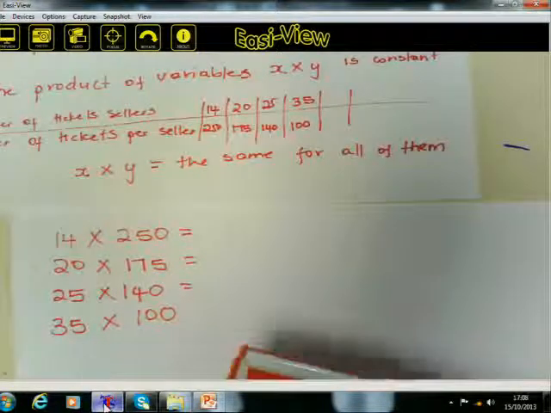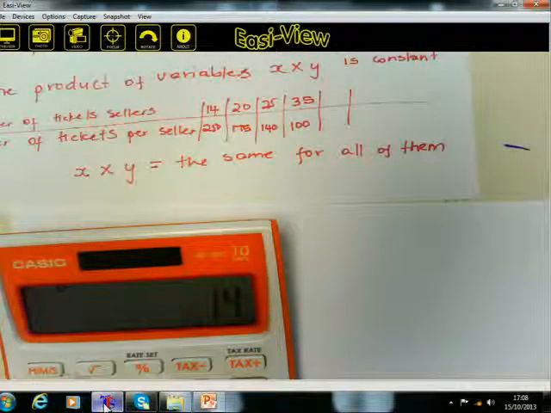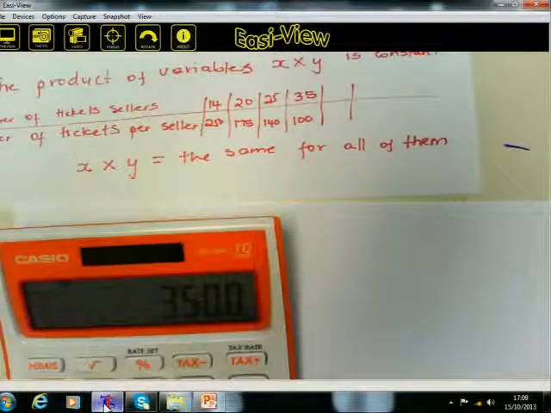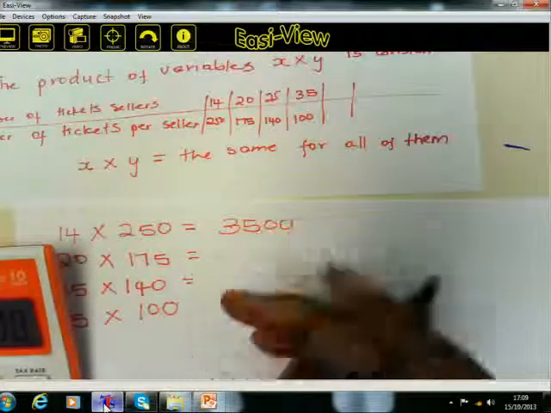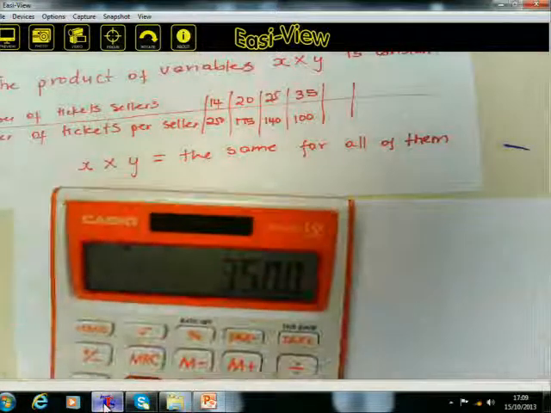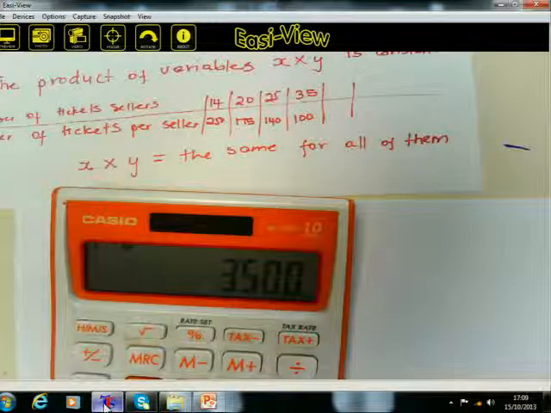So let's calculate all those. 14 multiplied by 250 gives us 3,500. So let's write it, 3,500. We come to the next one, 20 multiplied by 175, it gives us 3,500.